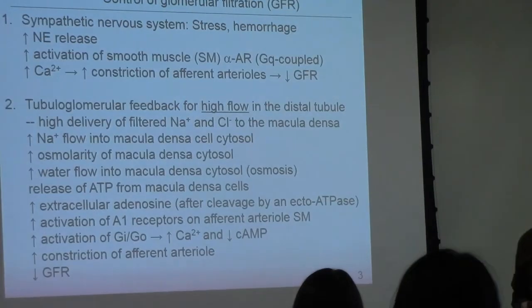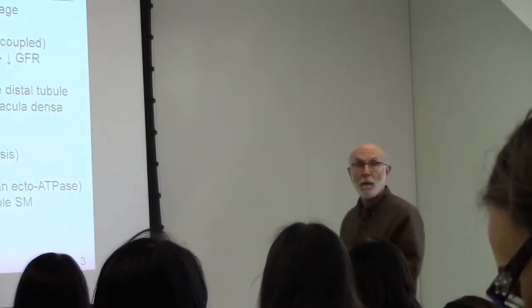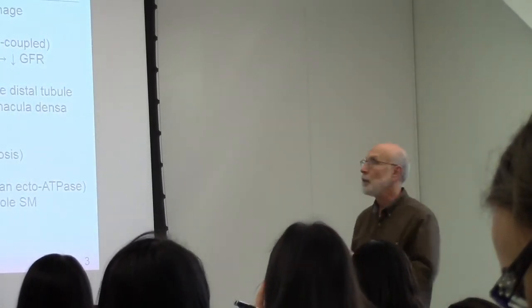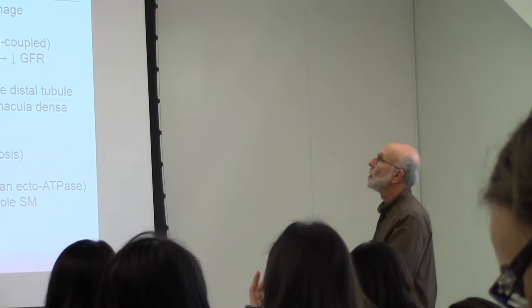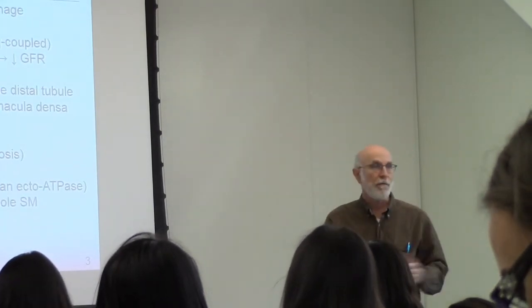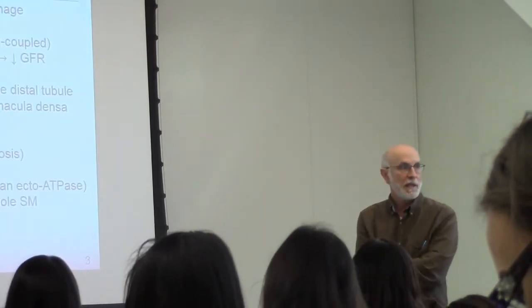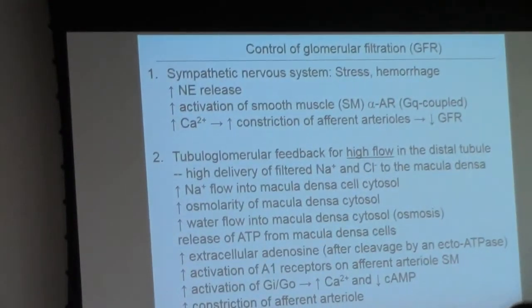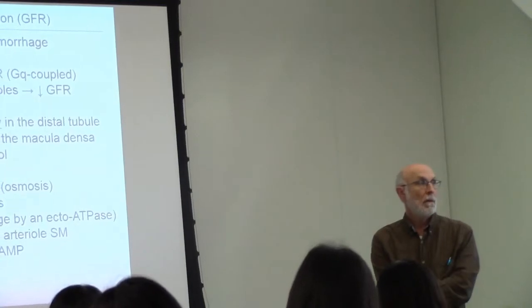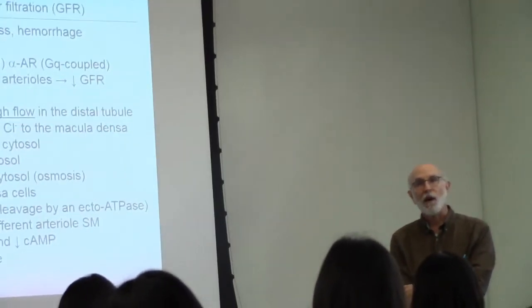So it comes as no surprise that the sympathetic nervous system controls glomerular filtration. And so here is the mechanism. The neurotransmitter is norepinephrine, just like it is with the rest of the sympathetic nervous system. The receptor is an alpha adrenergic receptor, which you'll remember, I think, from the cardiovascular section, is a Gq coupled receptor.